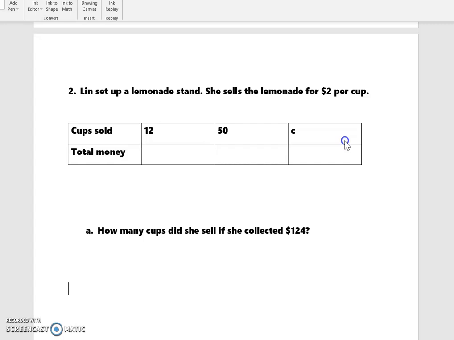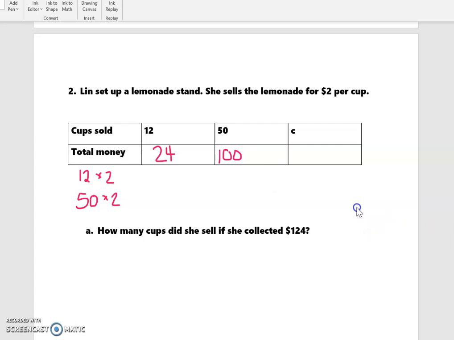So if we have 12 cups, $2 each, I would take that number of cups and multiply it by the price of each, and so for 12 cups sold, we make $24. Likewise, if I sell 50 cups, 50 cups multiplied by the price of 1 tells me we would expect to have $100.